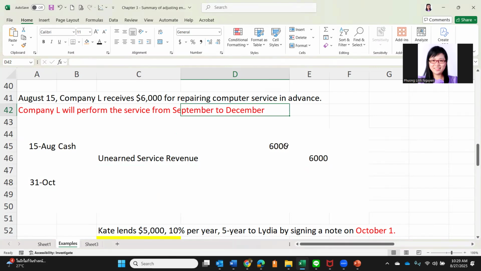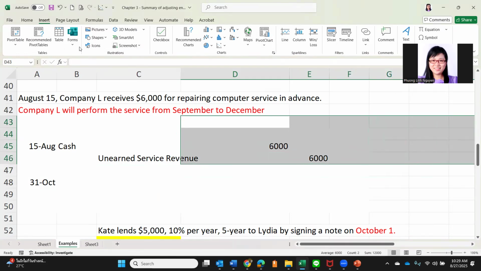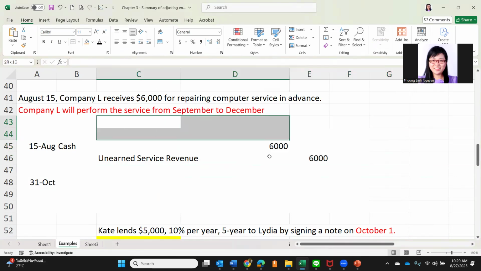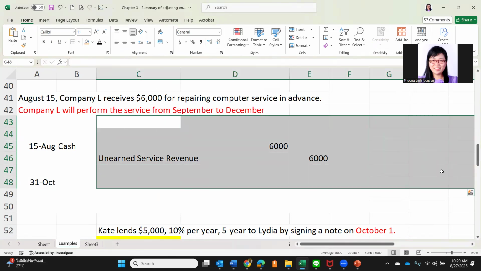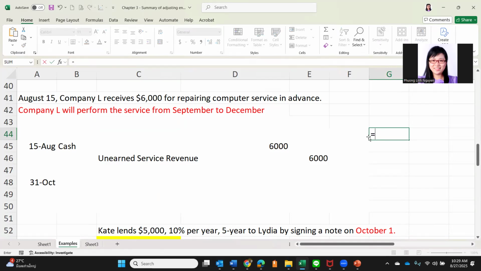So 6,000 is for 4 months. Now, if 6,000 is for 4 months, how much will it be for 1 month? It's 1,500, right? 6,000 divided by 4 is 1,500 for 1 month.